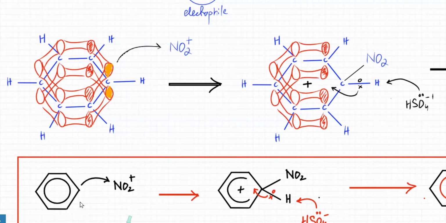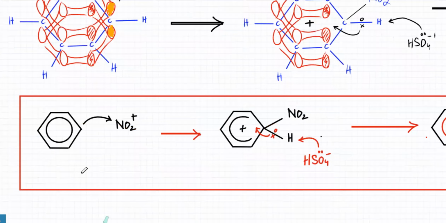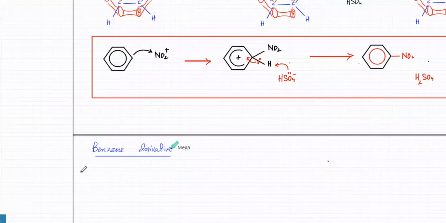In the skeletal formula, you never draw hydrogens, but remember, each one of the carbon atoms at these points has 1 hydrogen attached to it. So a benzene derivative is that sometimes instead of the hydrogen atoms, there could be something else attached to it.